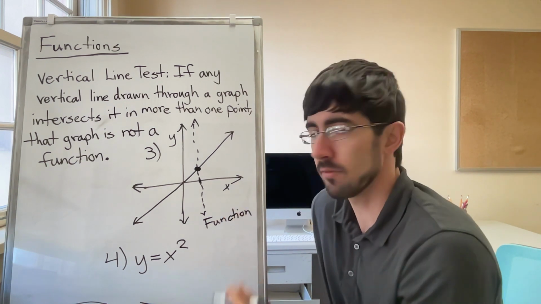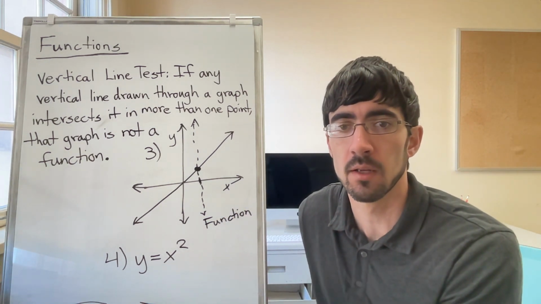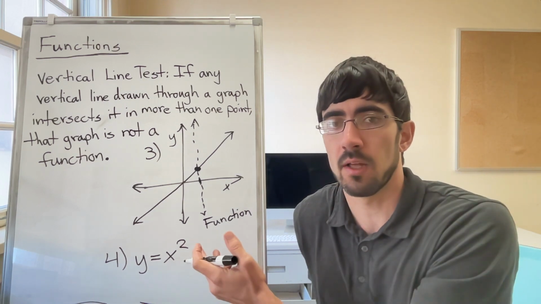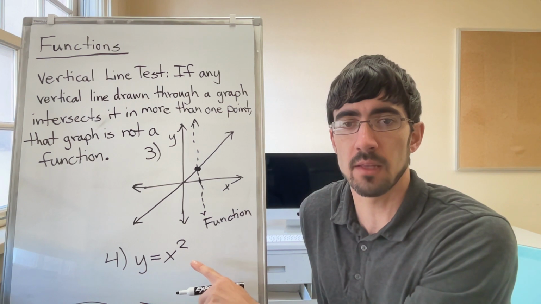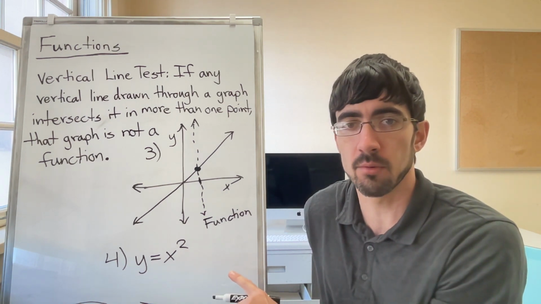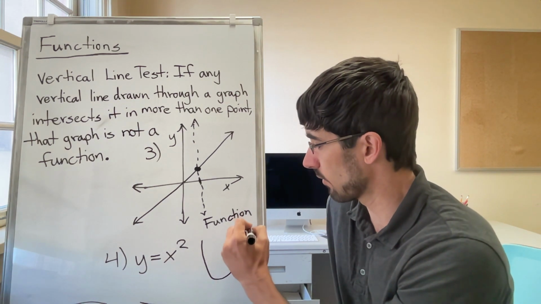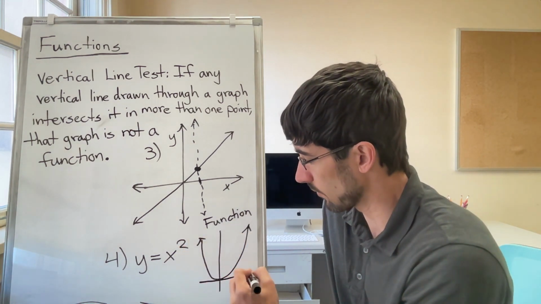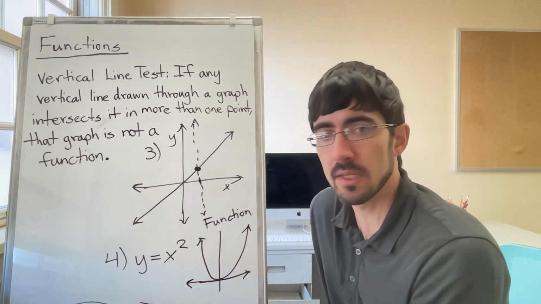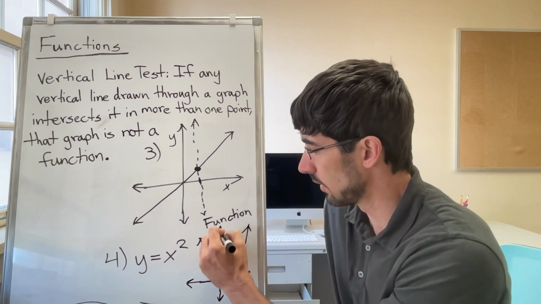And finally, let's think about the equation y equals x squared. Since we have the vertical line test, it might be easier to represent this equation by its graph. If you recognize that x squared is the graph of a parabola, which looks something like this, we can test this graph using the vertical line test.